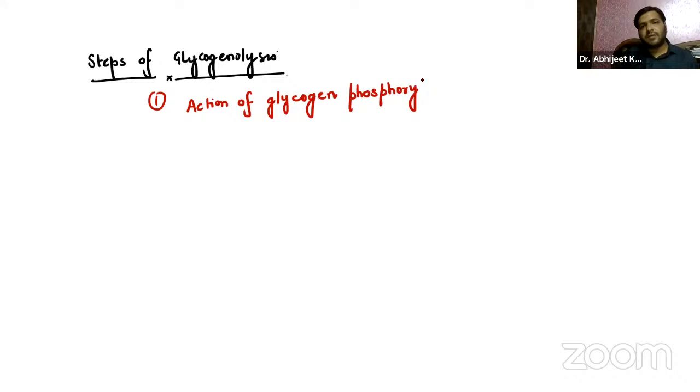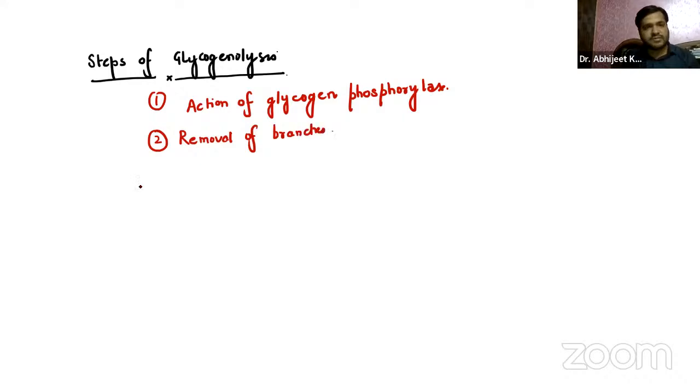Now, the very first one, guys, there are three steps that you have to study. The very first one is the action of glycogen phosphorylase. The second one is the removal of branches.